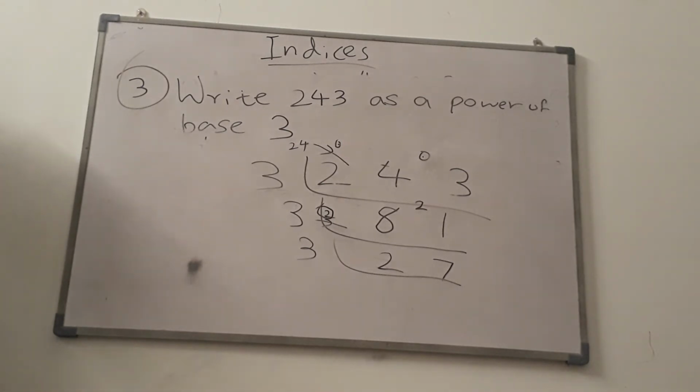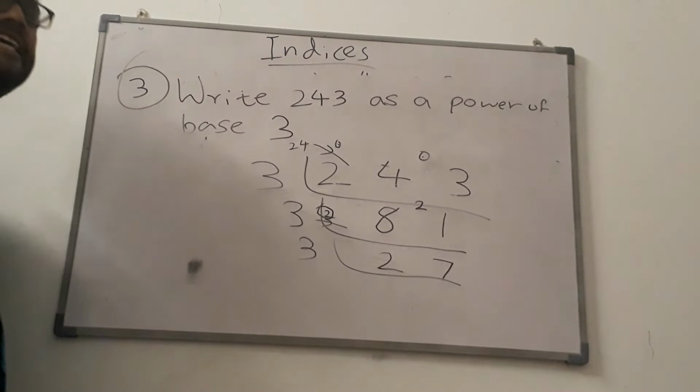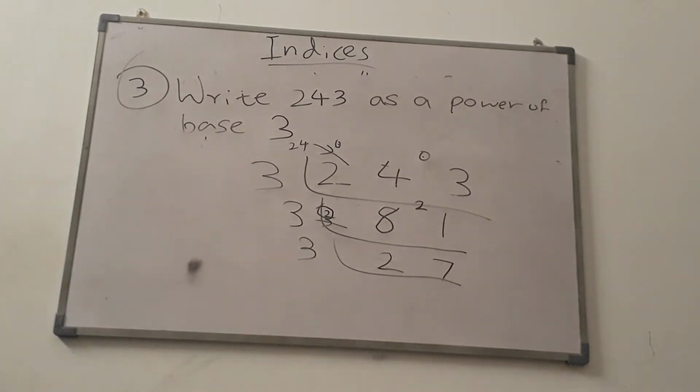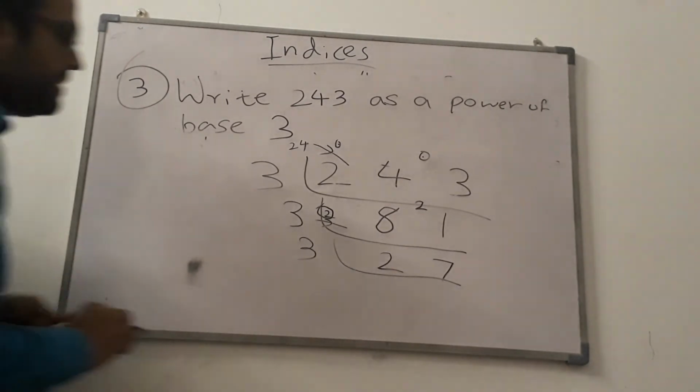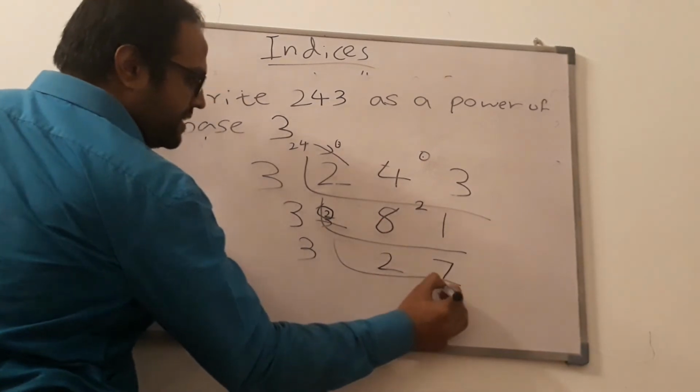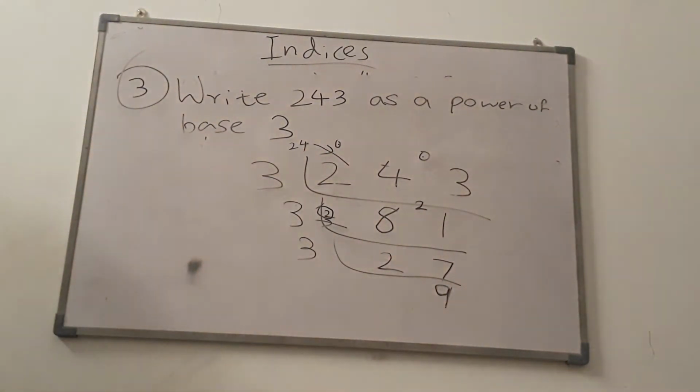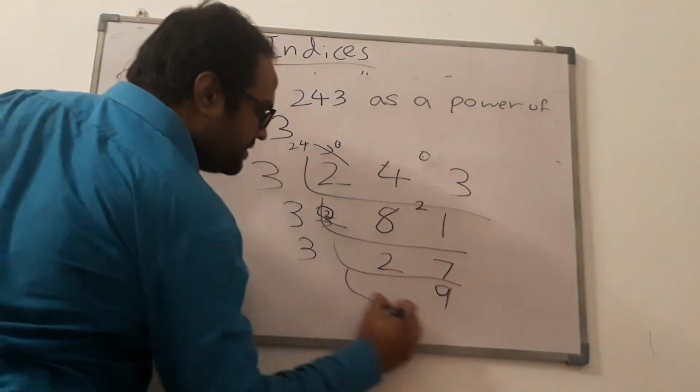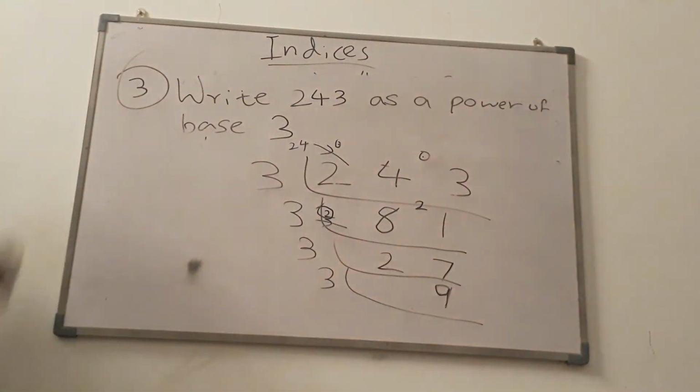Or when we divide, how many 3's are there in 27? 9. 9 times table. 9 times 1, 9. 9 times 2, 18. 9 times 3, 27.